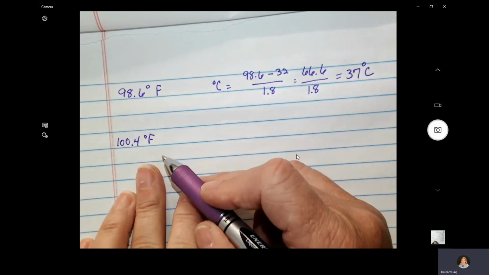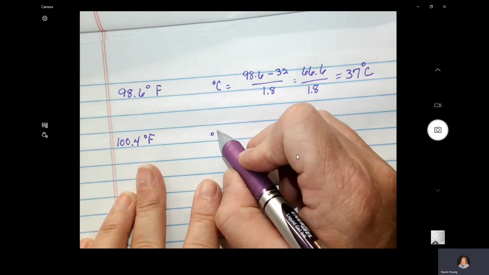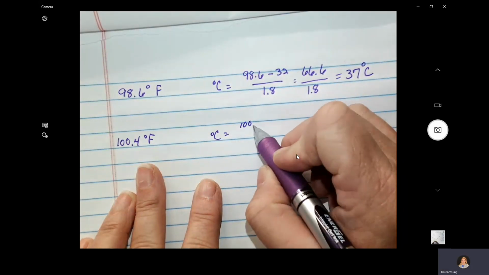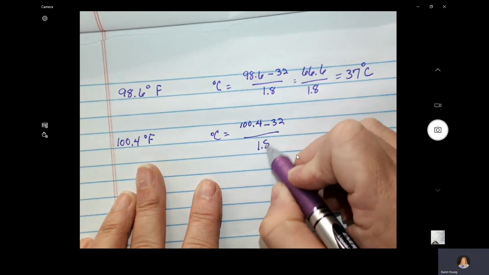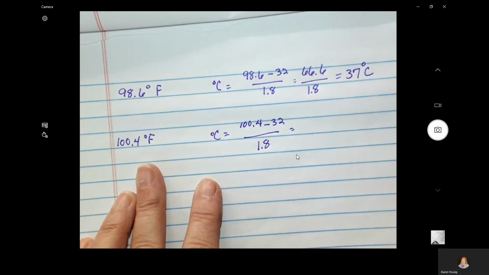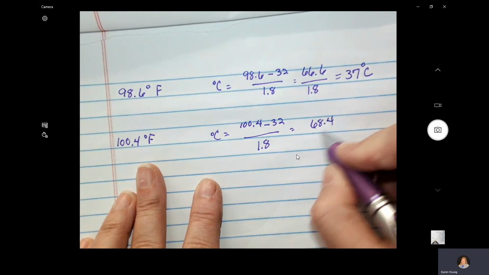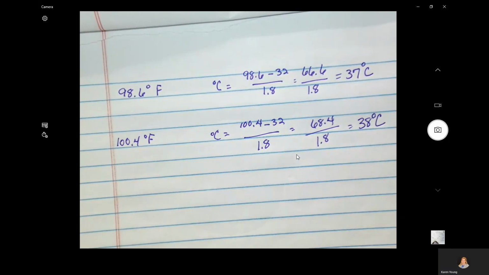So if I wanted to know what that temperature is in Celsius, working on the floor, same process: 100.4 minus 32 over 1.8. So 100.4 minus the 32, 68.4 divided by the 1.8, and I get 38 degrees Celsius.